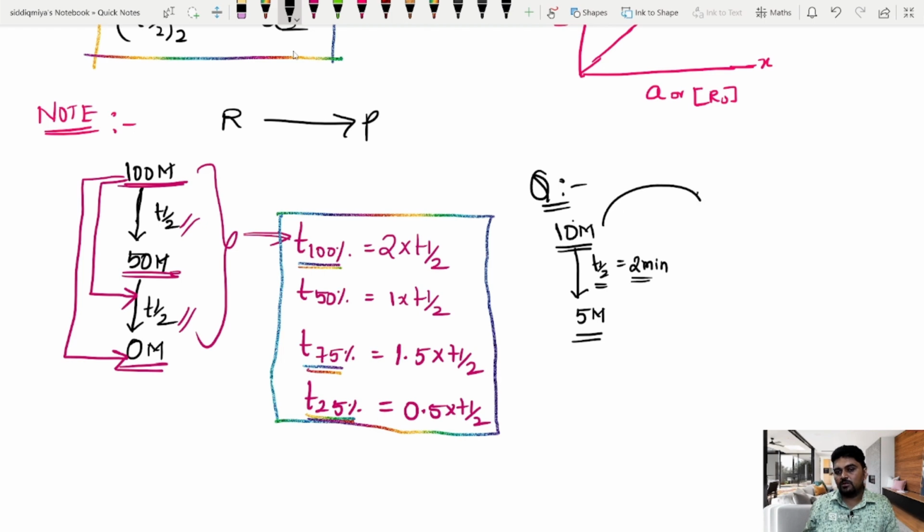Suppose I double the initial concentration, so 20 molar. Within 1 T half, how much will the reactant concentration be reduced? Initially 10 became 5, that is half reduced. Here 20 will become 10 molar. So what is T half now? Initially the T half was 2 minutes. So now how much is it?